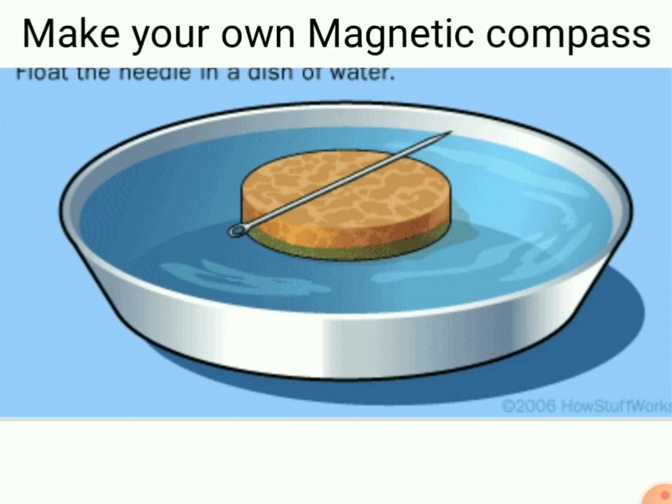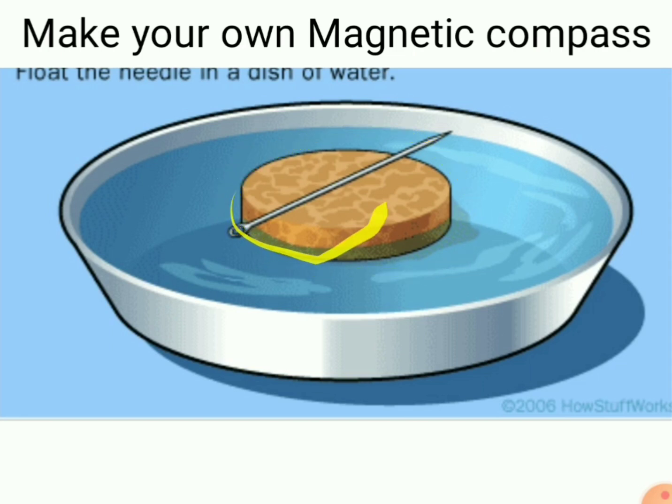And one more small activity: how to make our own magnetic compass. This is also a very small activity, children. Take a magnetized needle. In the same way as in the earlier activity, where we made our own magnet, you must magnetize a needle and fix it to the cork.